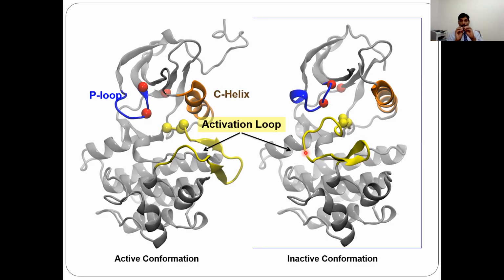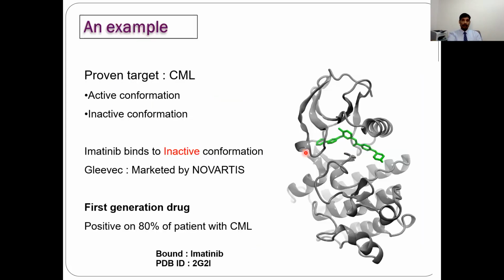When you target the inactive conformation, all the active form is going to be converted into inactive, and that is also fine. One example you can see is in CML leukemia. The Novartis compound Gleevec actually targeted the inactive conformation.